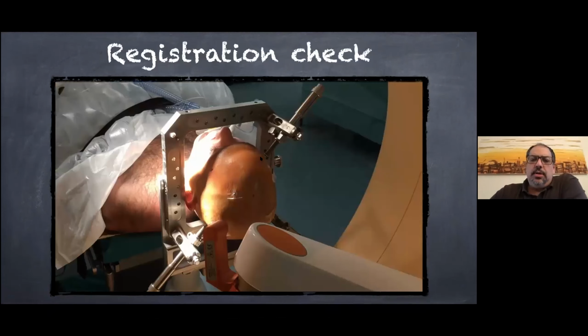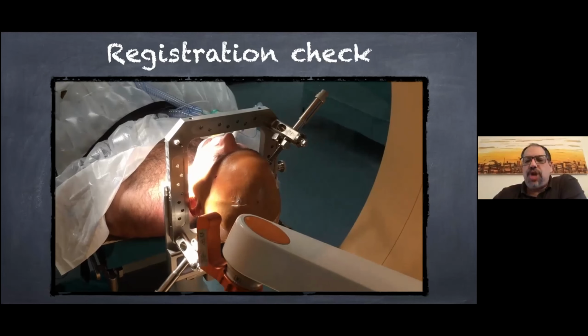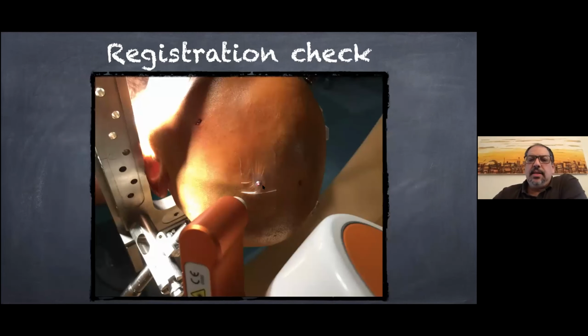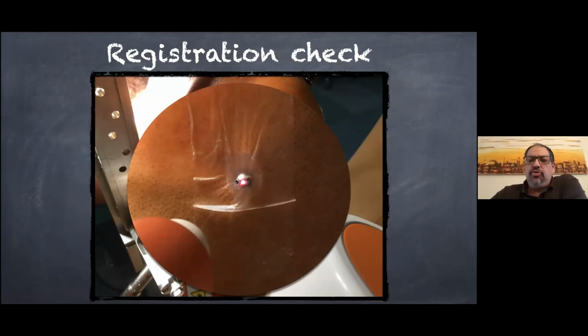Before going on, we use the skin fiducial markers. I mean that we plan at least 2 trajectories targeting the fiducial markers, and then we check that the robot with this laser beam correctly targets the fiducials on the skin.